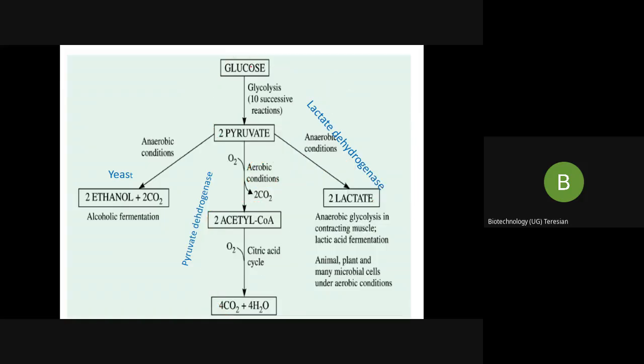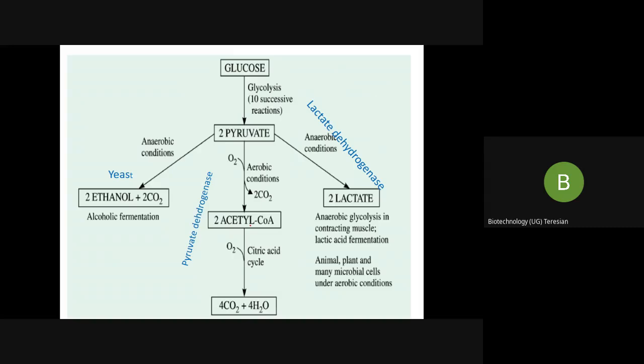So we are looking into the fate of pyruvate. What is happening to the pyruvate? You can see here, pyruvate is formed how? By the breaking of the glucose. So this pyruvate, under oxidizing or aerobic conditions, gets converted to acetyl-CoA.